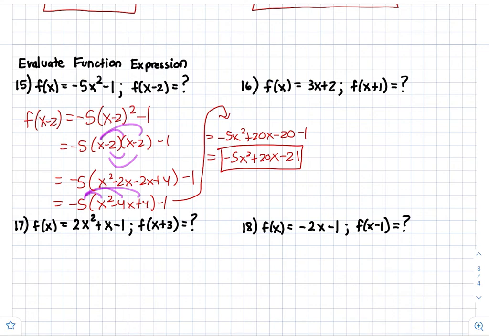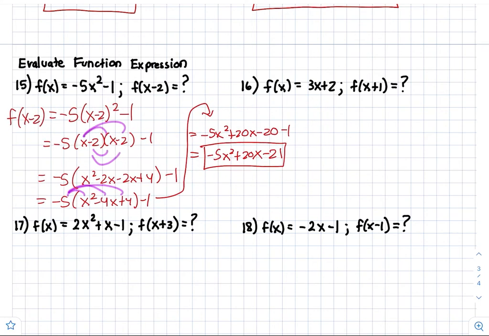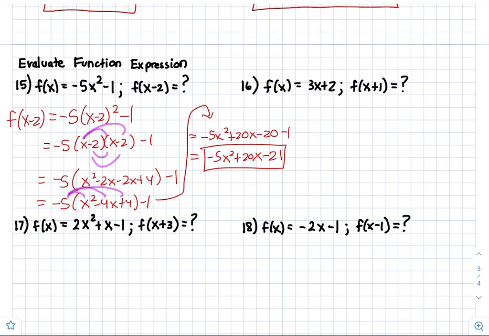Okay, we have this function. Now we want f of x plus 1. So everywhere we see an x, I'm going to scooch this all over. Everywhere we see an x, it now becomes x plus 1. So f of x plus 1, substitute x plus 1 for everywhere we see an x.